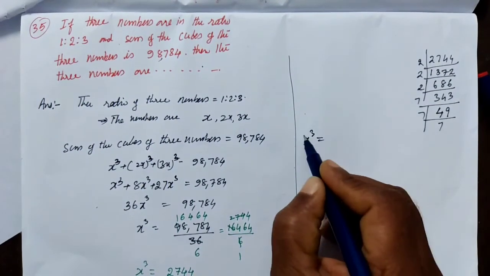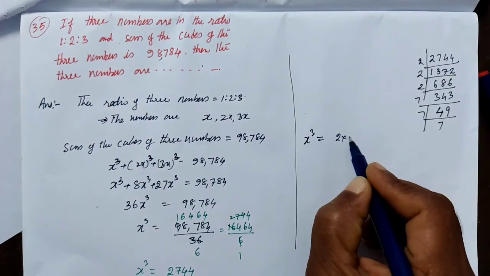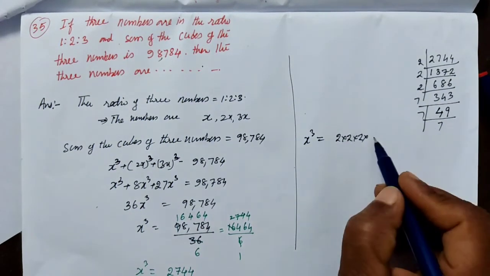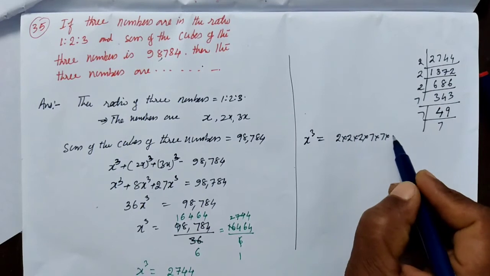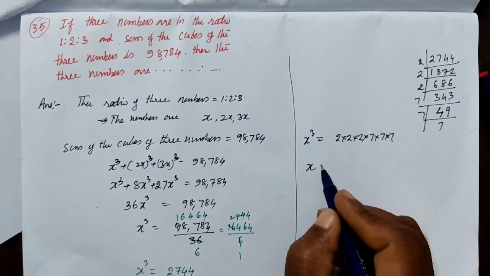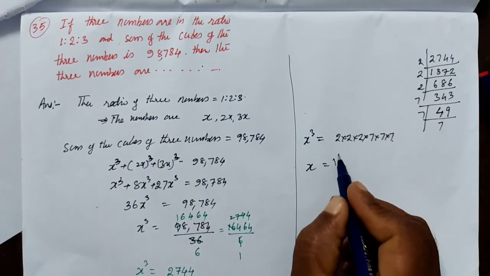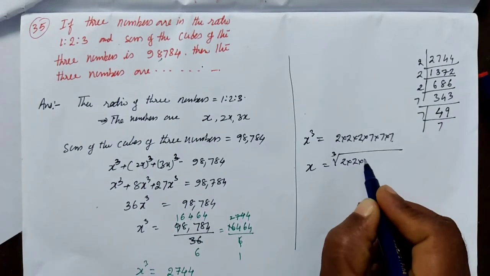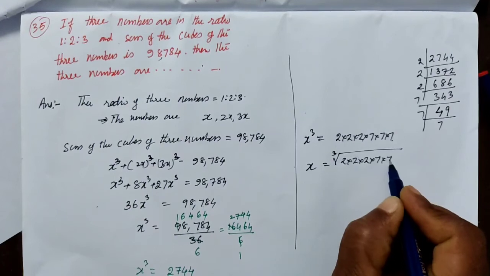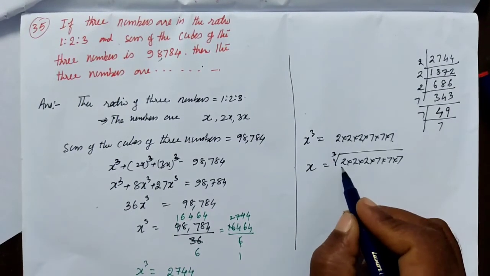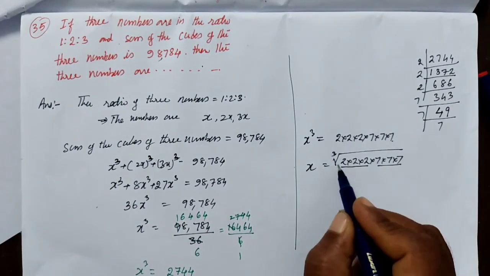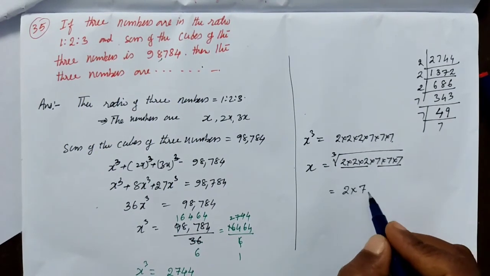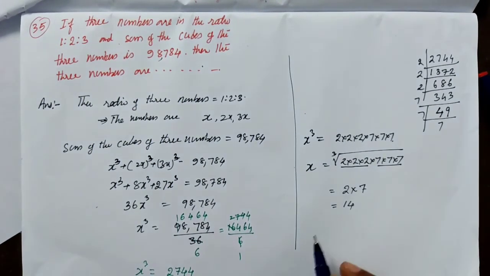So x cube is equal to 2 into 2 into 2 into 7 into 7 into 7. Therefore x is equal to the cube root of 2 into 2 into 2 into 7 into 7 into 7. So this is thrice and this is thrice, and this is the cube root. Therefore x is equal to 2 into 7, which is 14.